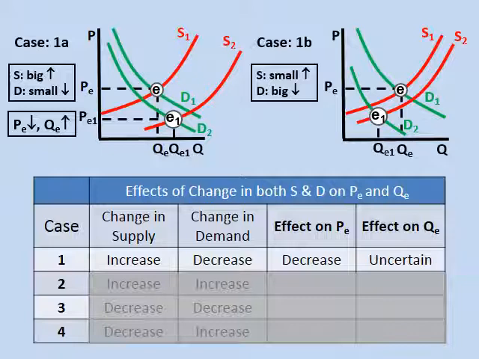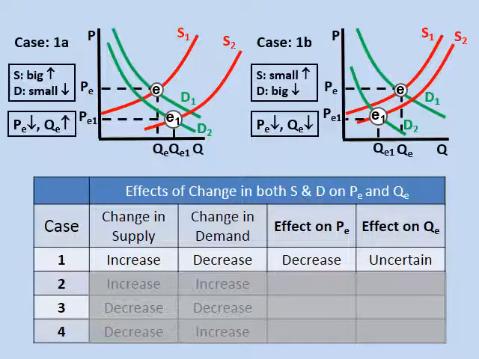So QE1 is to the left of QE. And again, both of these moved to cause prices to go lower. We end up with a new equilibrium price below where we were. So when we have a small increase in supply accompanied by a big decline in demand, we end up with both lower prices and a lower quantity.